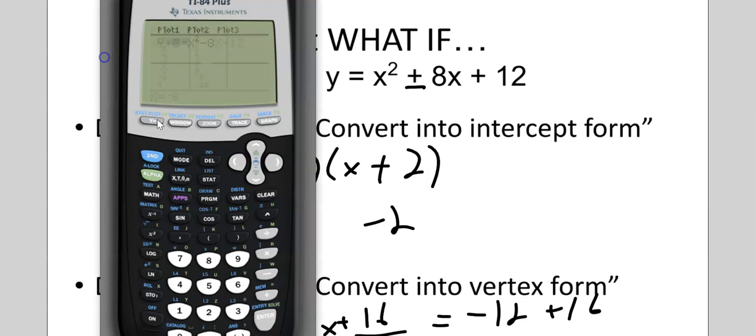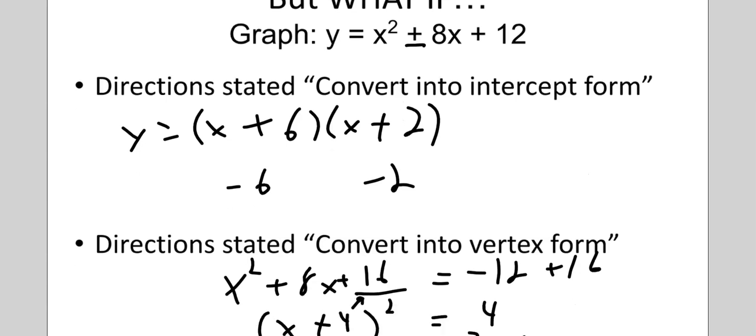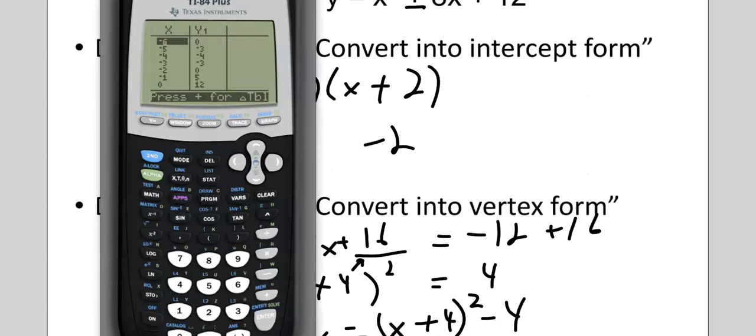And let's enter this one in just for the heck of it. So clear that out. We have x squared plus 8x plus 12. Let's graph it. Looks about right. Second graph. Negative 6, 0, negative 2, 0. That's what we have right there. Okay, let's see what that vertex is.